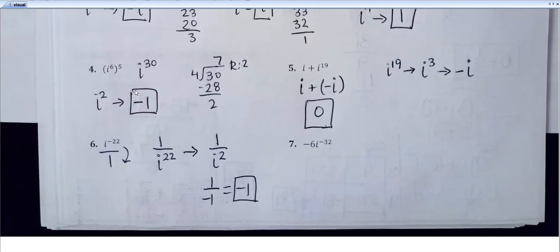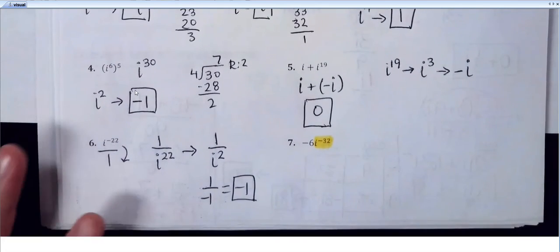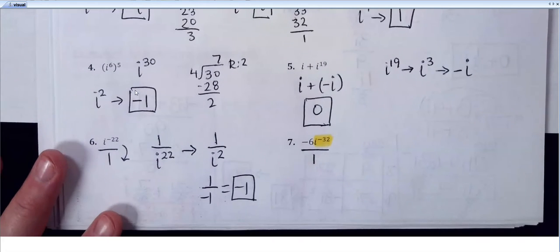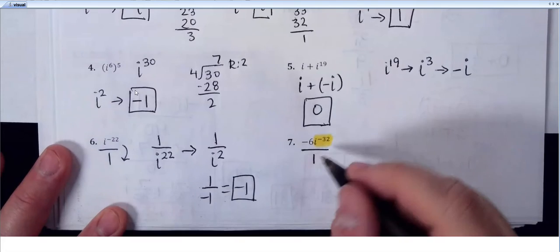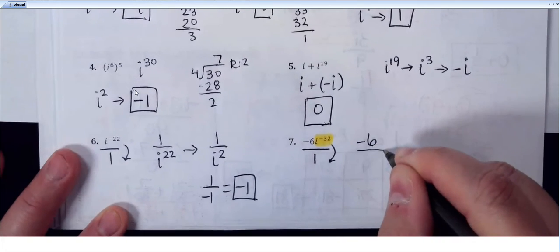The very last problem, and I did this one on purpose. This confuses people. If you have a negative exponent, which I do here, I have negative 6 times i to the negative 32nd. If you are trying to get rid of that negative exponent, you only move what has a negative exponent. So not a negative number, a negative exponent. So that negative 6 would stay on the top.